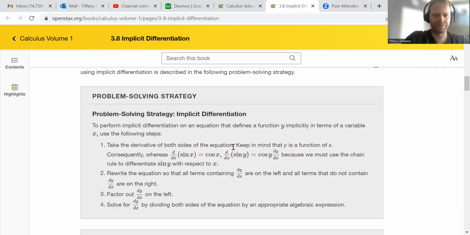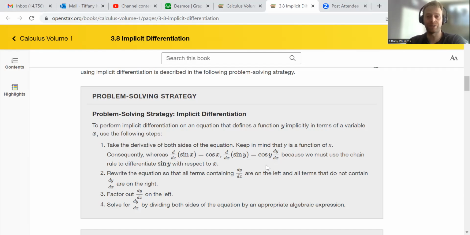Okay. So here's how it goes. So it says take the derivative of both sides of the equation. And of course, here's what I was saying. Keep in mind that y is a function of x. All right. So basically, here's what this part's saying right here, where it says d dx sine of x equals cosine of x. That's just taking the derivative explicitly, so you don't have anything weird going on there. But when you take the derivative of sine of y, remember y itself is a function of x. So you take the derivative of sine first, which is why you get the cosine of y.